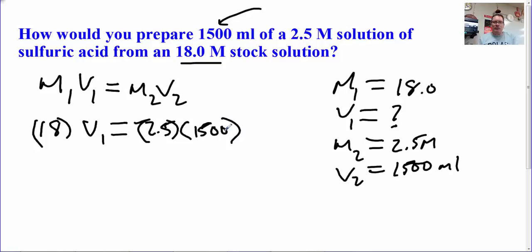Now, the nice thing with this equation is, unlike the molarity equation we did in the last one where we have to use moles and liters, this is molarity, but it can be in milliliters. It doesn't matter. V1 and V2 just have to be the same unit. So they either both have to be liters or both have to be milliliters. Shoot, they could both be gallons.